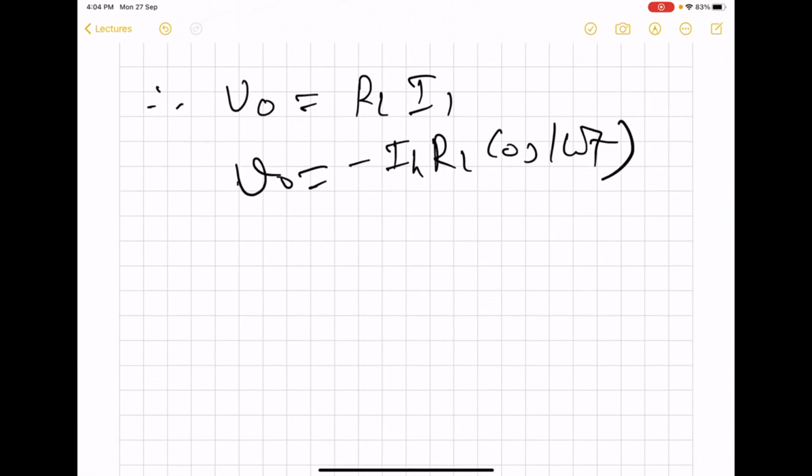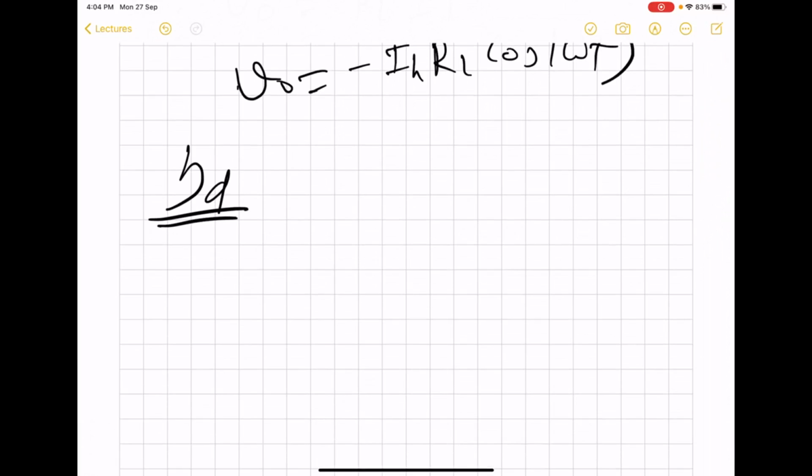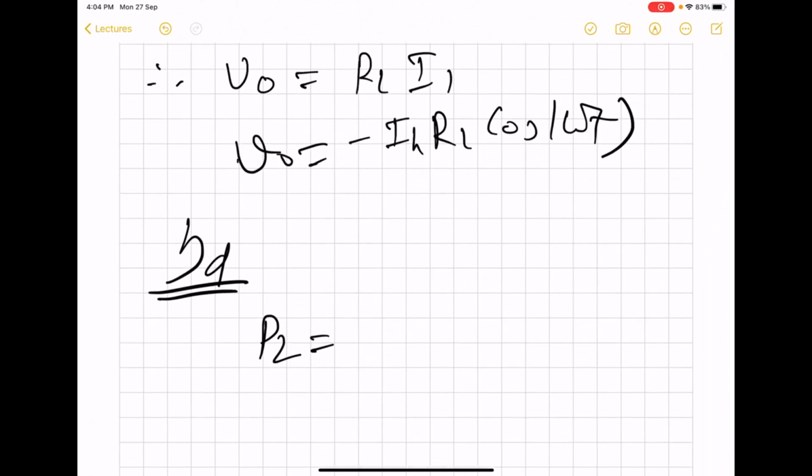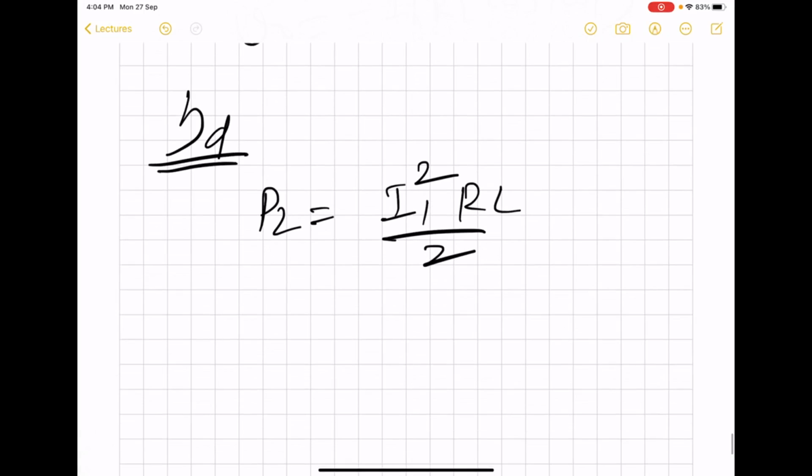And for this case, we can calculate the efficiency. So we have to find out the P load. So P load is I1 square RL by 2, and I1 we have found is IH.